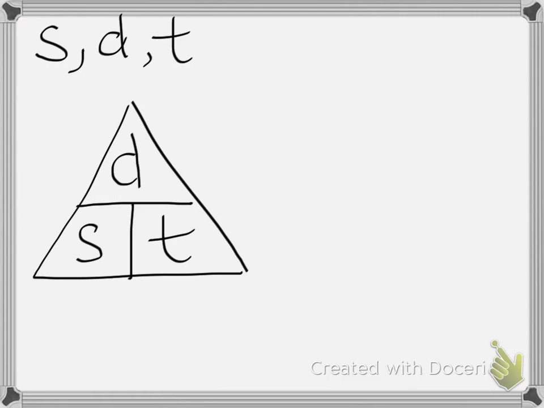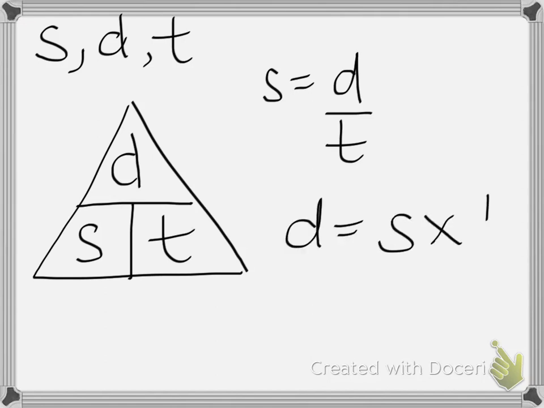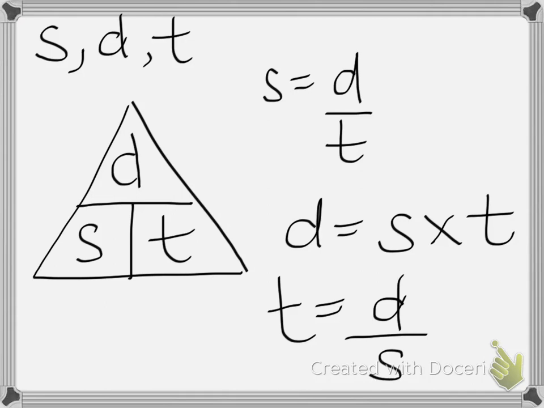So what this triangle tells you is that speed equals d over t, d equals S times t, so distance equals speed times time, and time equals distance over speed.